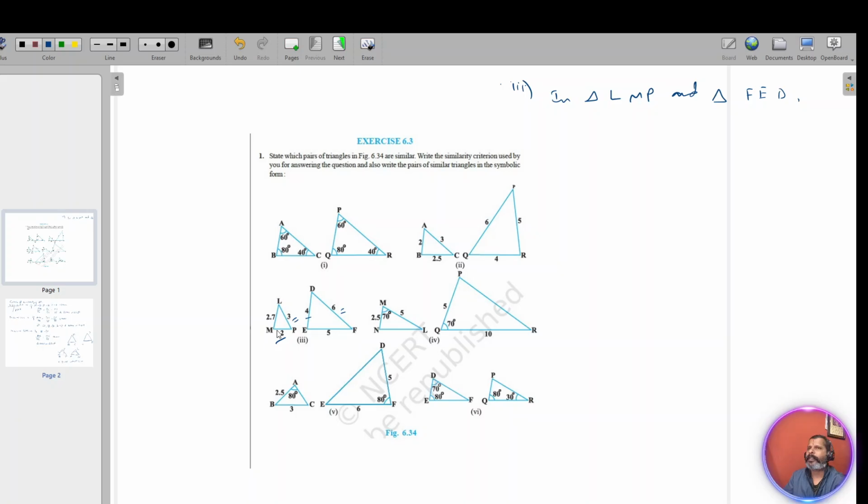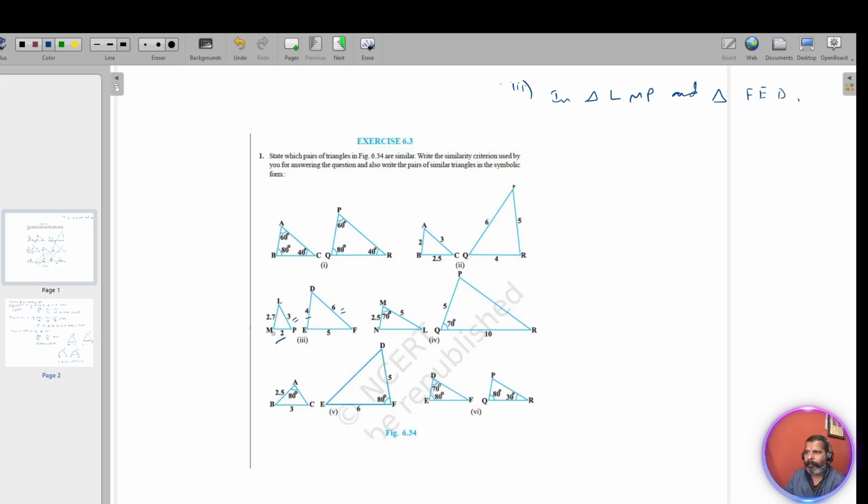Because if I say LM, I am moving from 2.7 to 2, so from 5 to 4 I should go. Therefore FED will come. 2.7 should match 5, I guess, but it's not matching. But comparing the other two sets, yes, it should go with the 5 value.